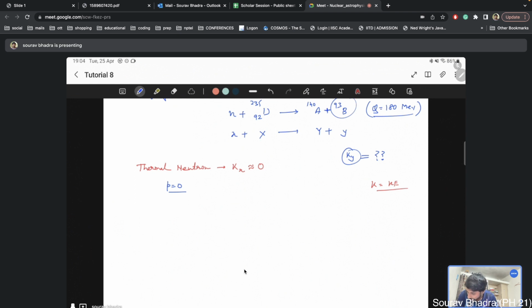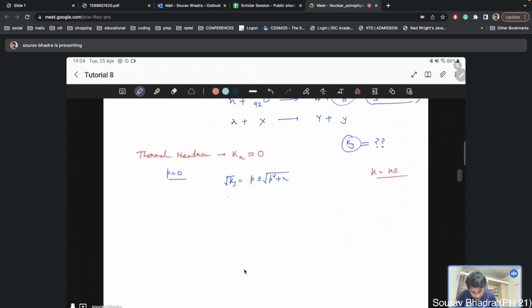That means Ky equals P plus minus square root of P squared plus N. Okay, P is 0, so your Ky is only N, because this P will not be there, it is 0, and we know the expression of N. Again put it here, M capital Y minus M small y, I am just copying from my notes.